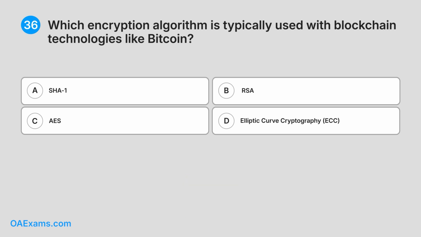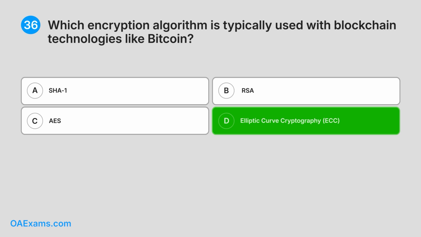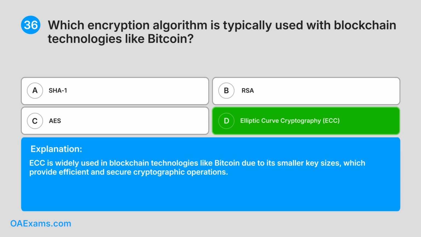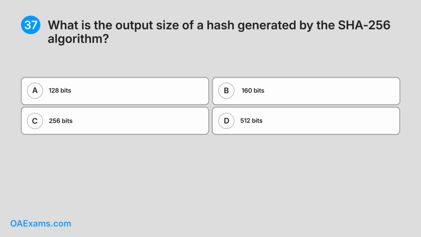Correct answer: D. Elliptic curve cryptography, ECC. Explanation: ECC is widely used in blockchain technologies like Bitcoin due to its smaller key sizes, which provide efficient and secure cryptographic operations.